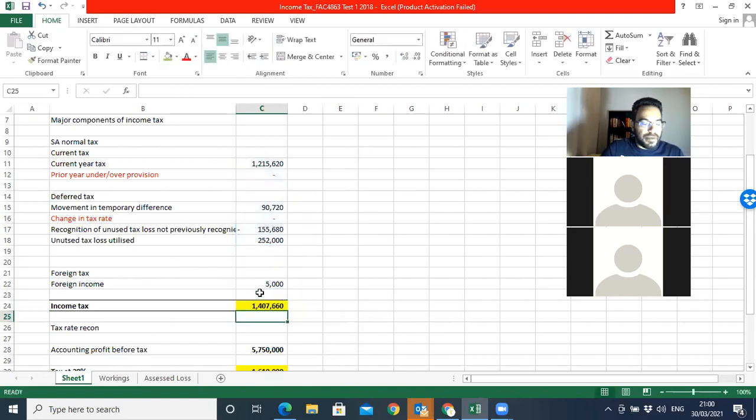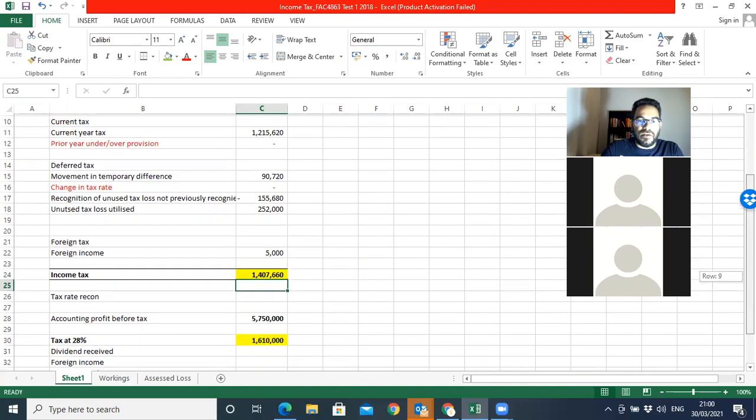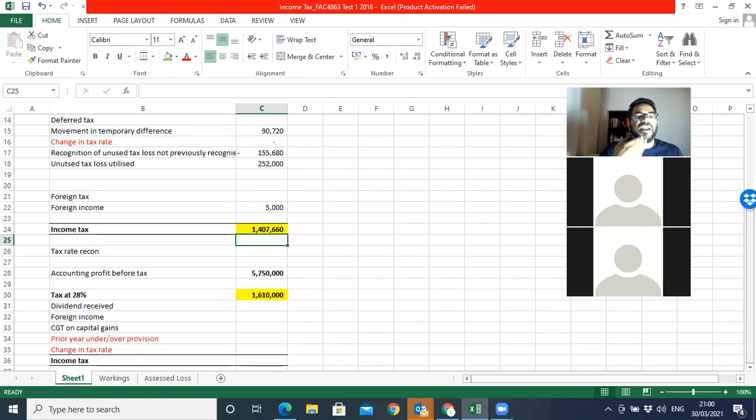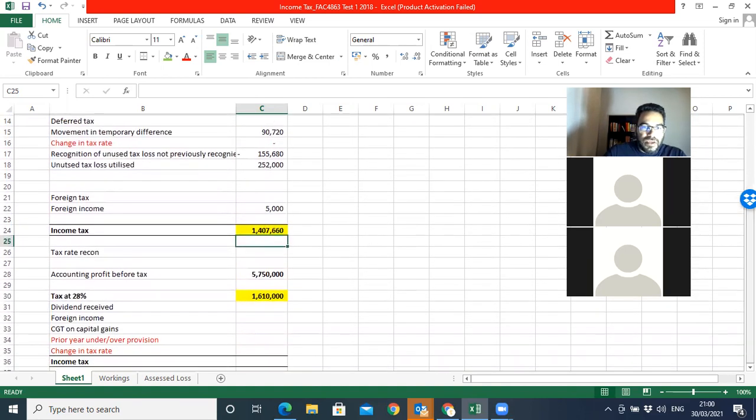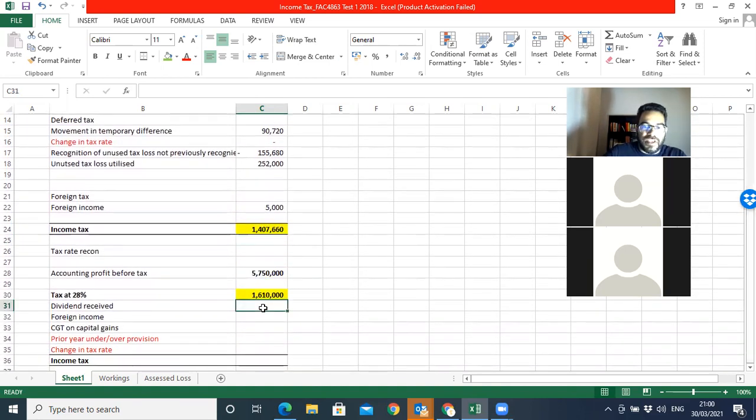You can include those subtotals, but that should be the income tax of 1.4 million. Now we can go to the tax rate recon. We need to subtract over here. We already said minus 74,500, but we're going to go at 28% times 28%. Okay, so we reduce.